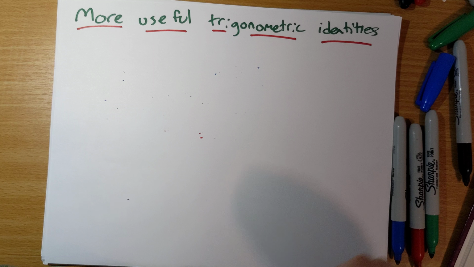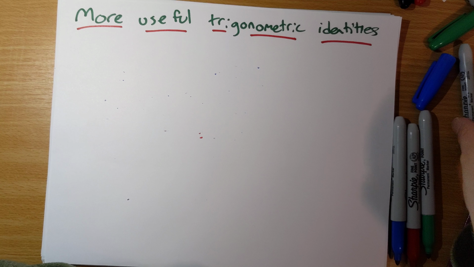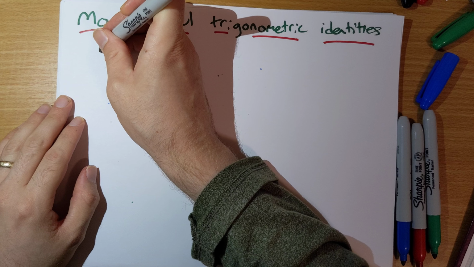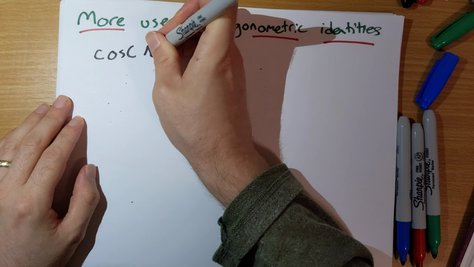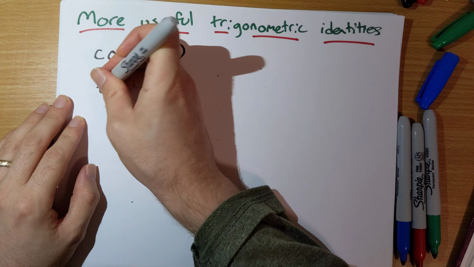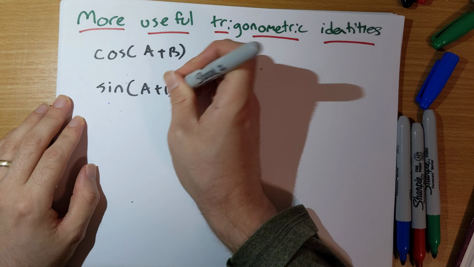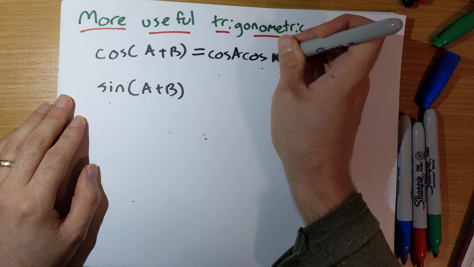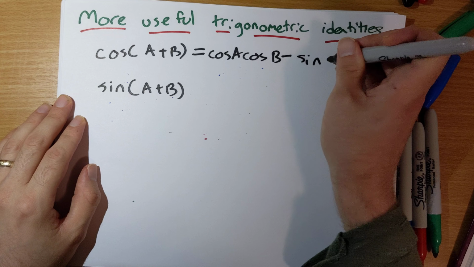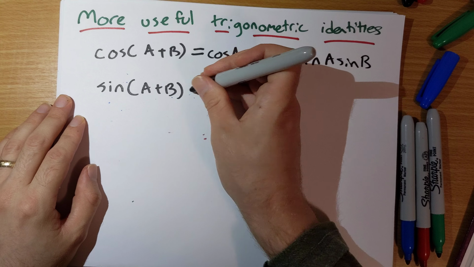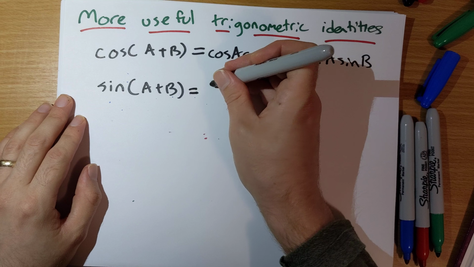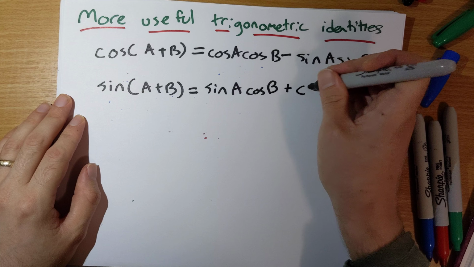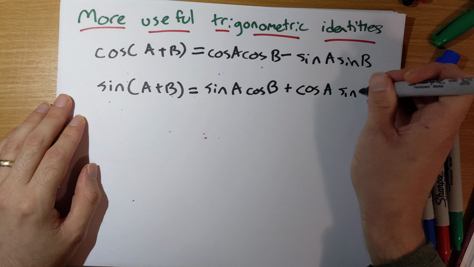A few more useful trigonometric identities here. Some addition identities. If you want to do cosine of a plus b or sine of a plus b, cosine of a plus b is cosine a cosine b minus sine a sine b. Sine of a plus b is sine a cosine b plus cosine a sine b.